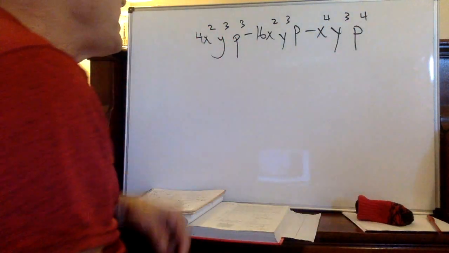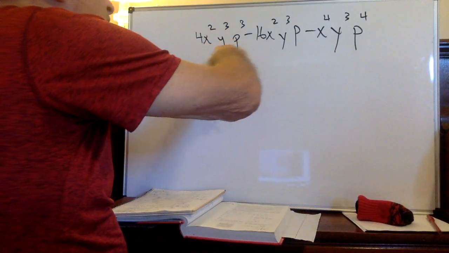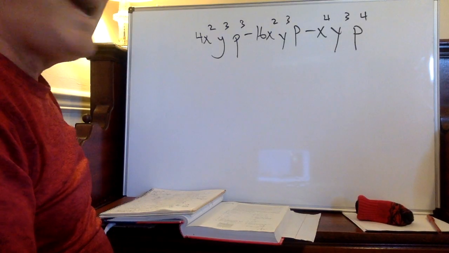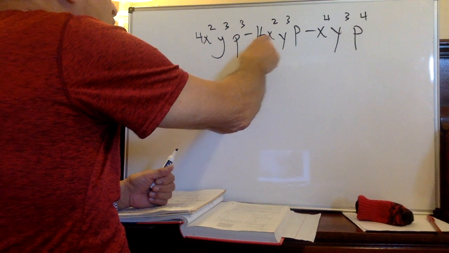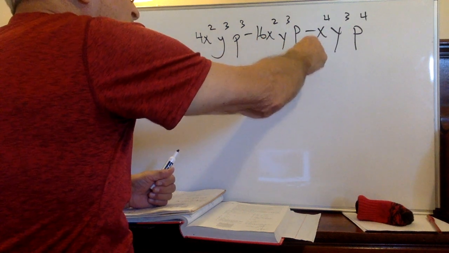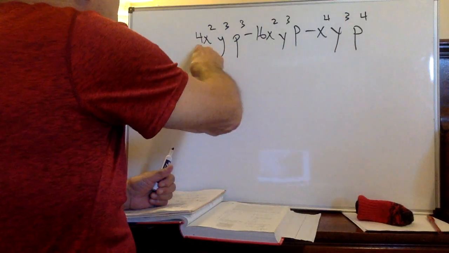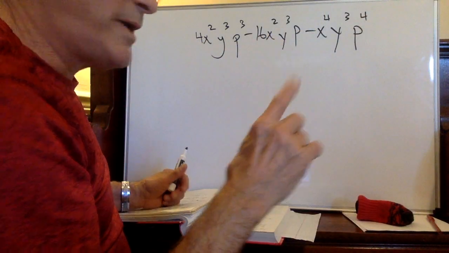All right, the greatest common factor is the number that every one of these has, a number or variable raised to a power that's common to all of them. Well, I have no numerical common factor because this one has a numerical coefficient of minus 1. So the 4, 16, and 1, the only common factor is 1.